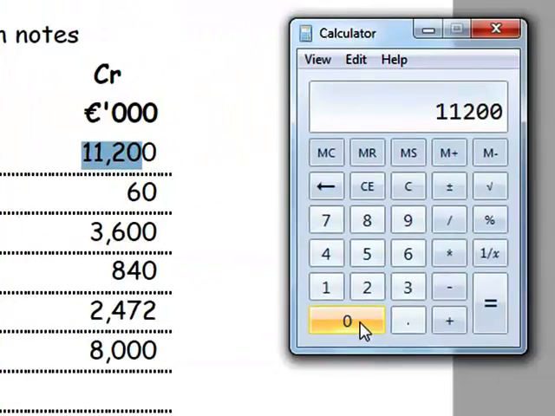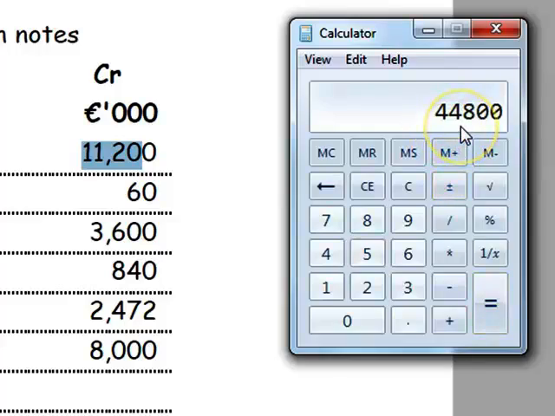So for every euro worth of shares, there's 4 shares going into that. I've multiplied that by 4, or another way of doing it is to divide by the nominal value. So the shares are worth 11.2, divide by 0.25. And that's going to be the same thing as multiplying by 4.